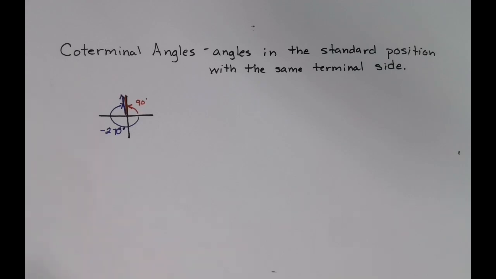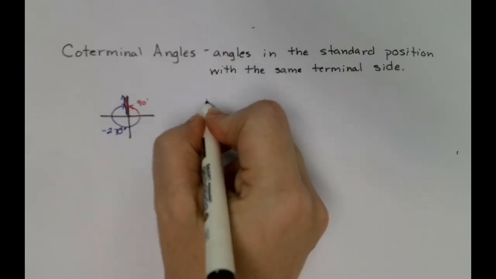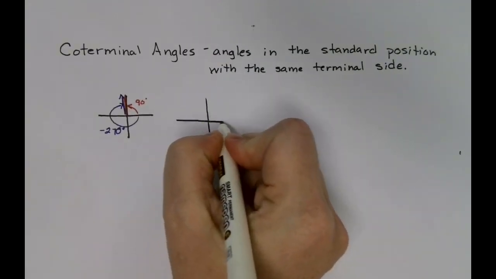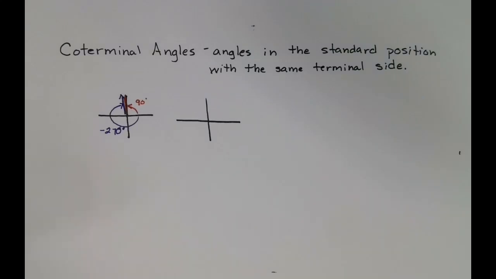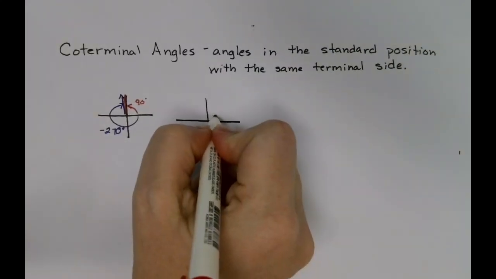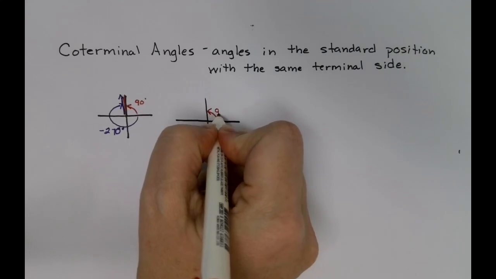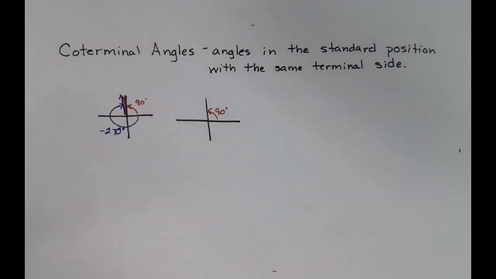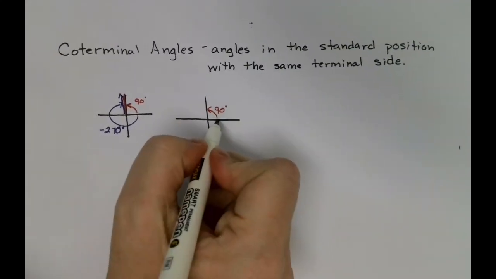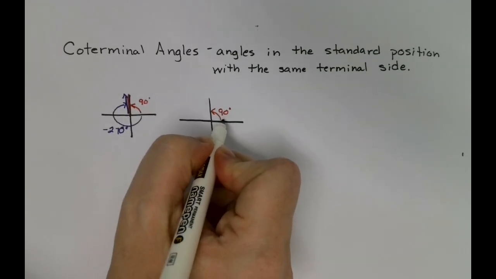In this one, we had a negative coterminal angle, but we also might want to look at how we can get a positive coterminal angle. So I'll start by redrawing here, and we'll use the same angle we did before. So redrawing our lovely 90-degree angle. And this time, we're going to continue moving in a positive direction, but wrap all the way around.